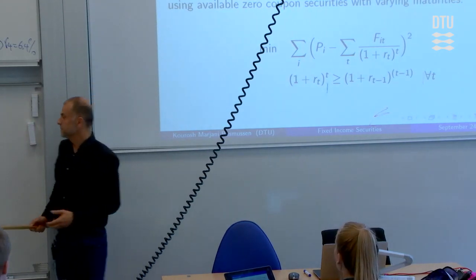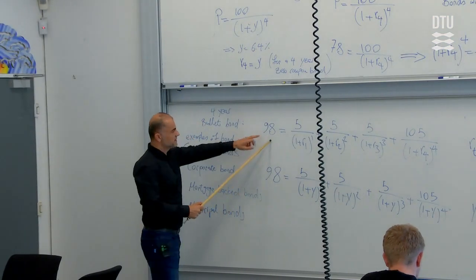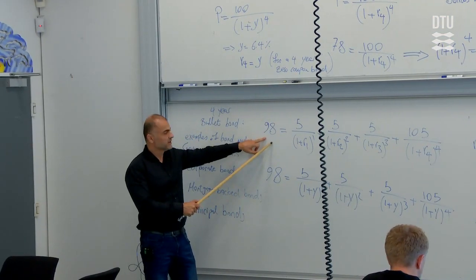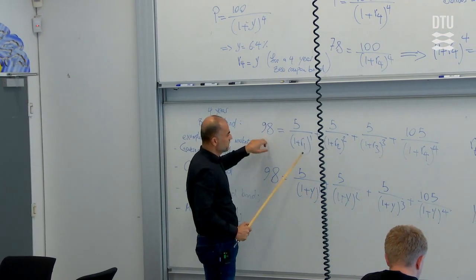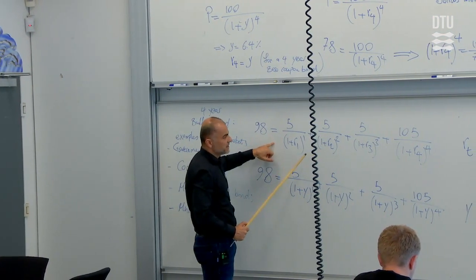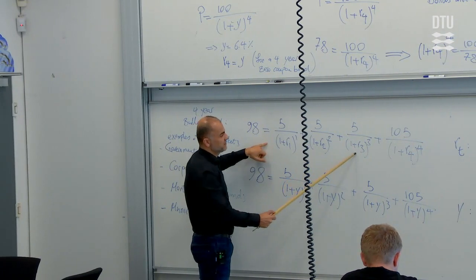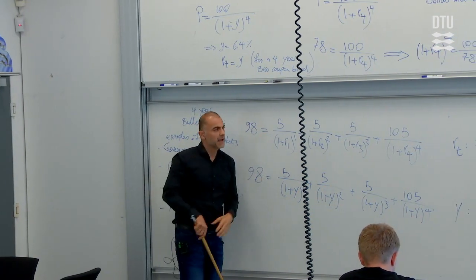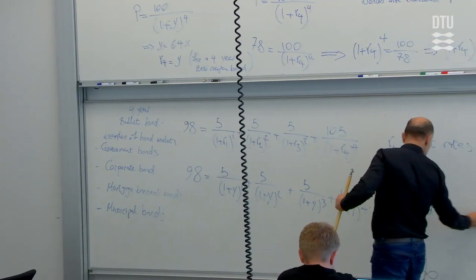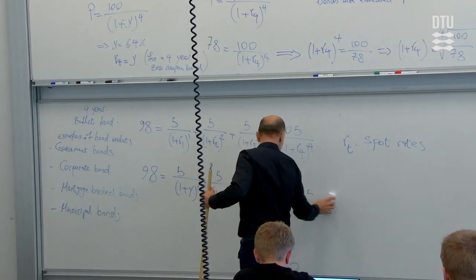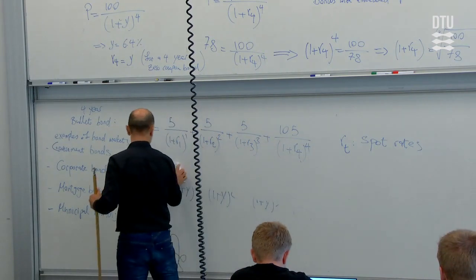Because as we saw, if you go back to the price formula for a bullet bond, for this 4-year bond in this particular case, there are many answers for R1 to R4, right? And even if I want to, let's see what we can do here.